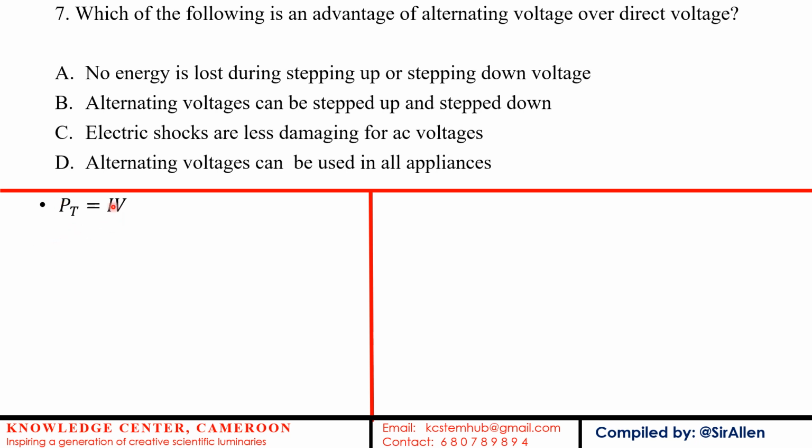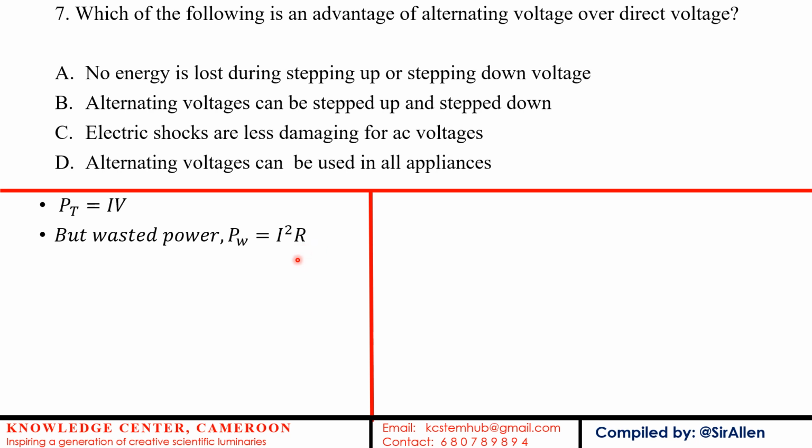That transmission power is of course I multiplied by V. But wasted power along the transmission lines is I squared R. If R is the resistance per unit length, and let's say you are using 5,000 meters of wire to transmit power maybe to a local community, that means you would be losing I squared R multiplied by 5,000.